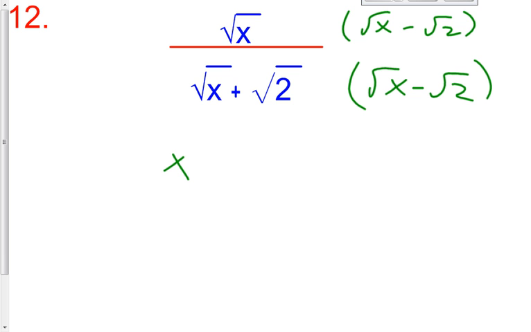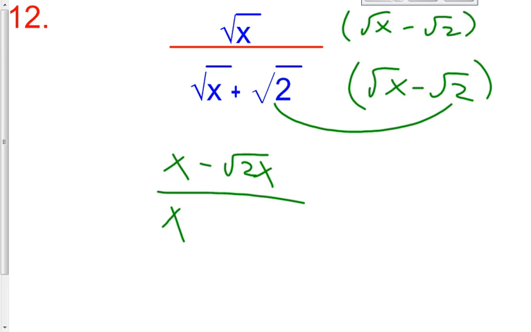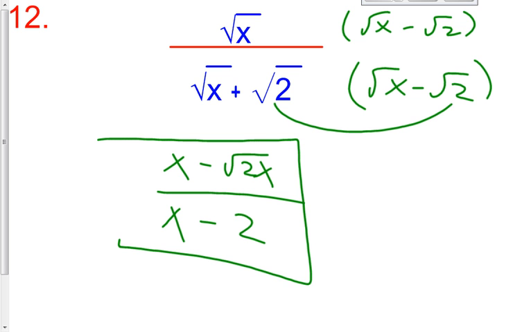Square root x times negative square root 2 is a negative square root 2x. In the denominator, square root x times square root x is x. The outside and the inside terms cancel out, and the square root of 2 times the negative square root of 2 is a negative 2. And once again, this is as far as we can go. So we are all done.